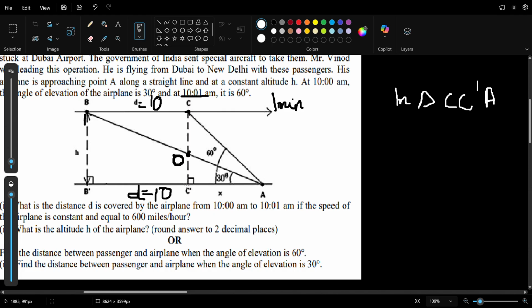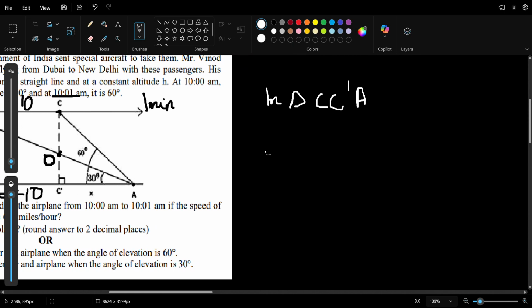Because in the question they gave the variables as C dash, C and A. In the triangle C dash, C, A, we know the entire angle is 60. So you can use tan 60.